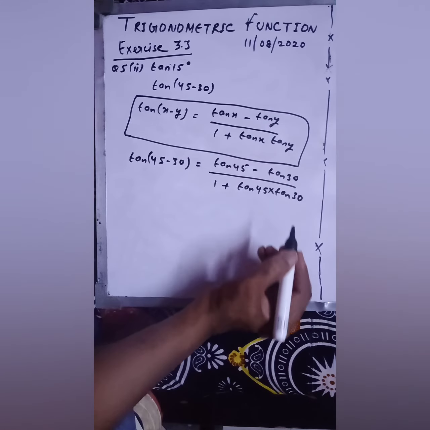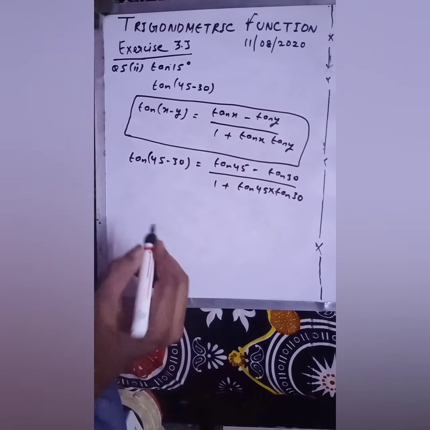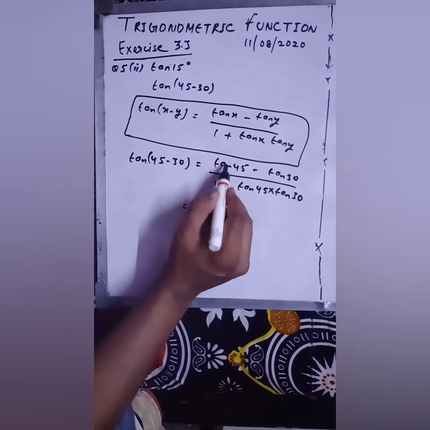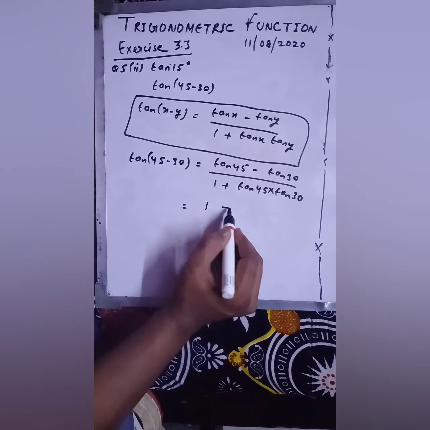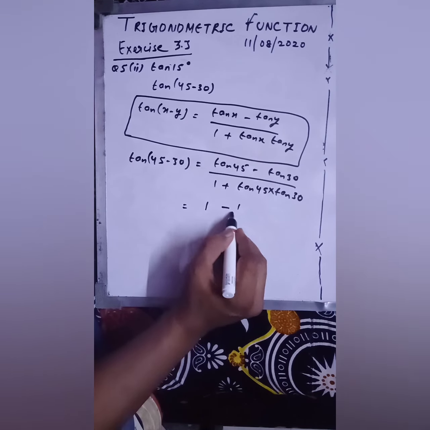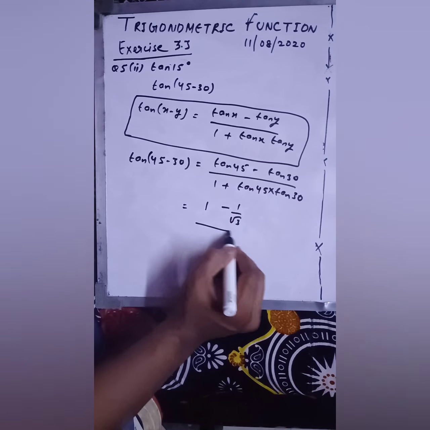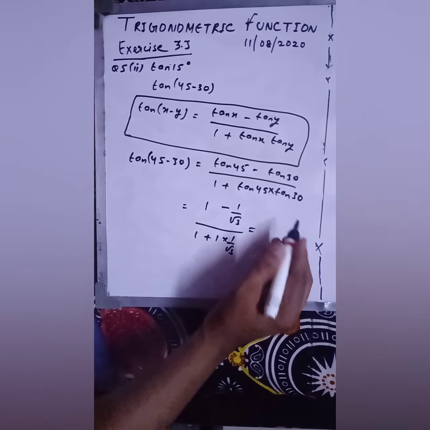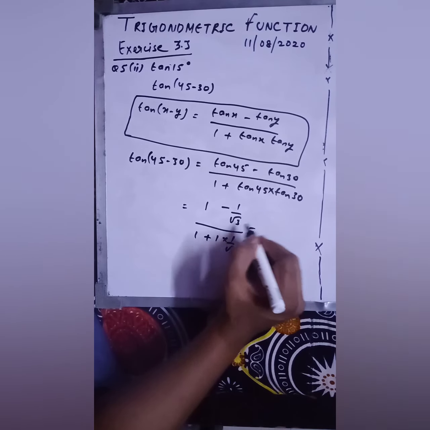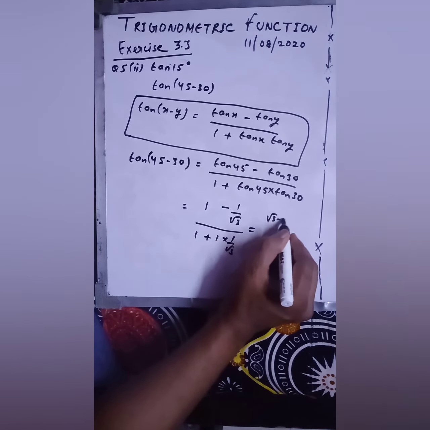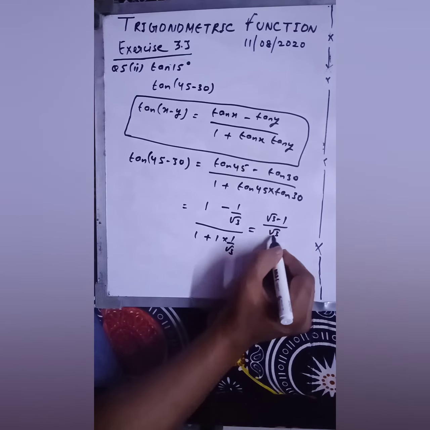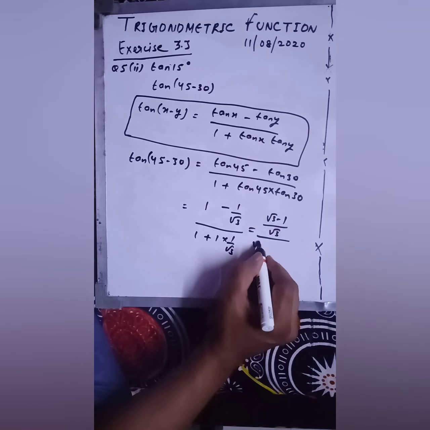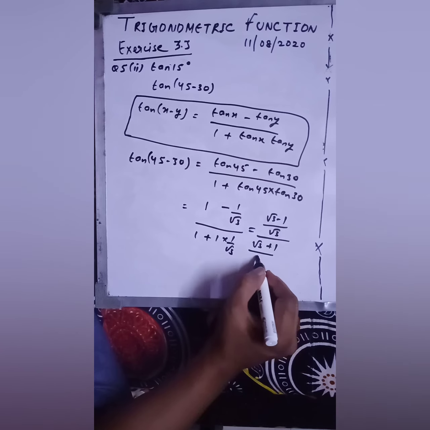As you know, the value of tan 45 is 1 and tan 30 is 1 by root 3, over 1 plus 1 into 1 by root 3. When you take the LCM in the numerator, you get root 3 minus 1 over root 3, and similarly when you take the LCM in the denominator, you get this.